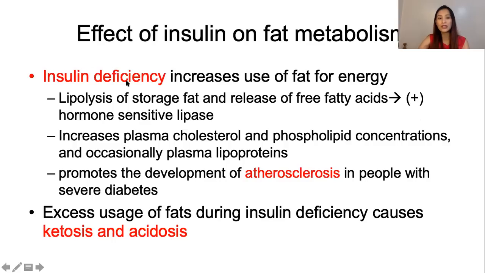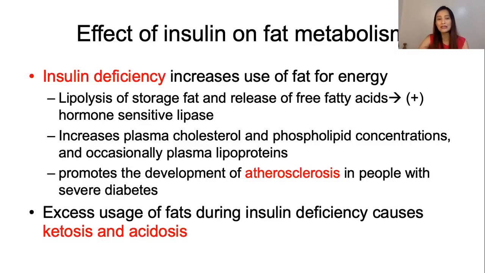When there's also insulin deficiency, there are increases in plasma cholesterol and phospholipid concentrations, and occasionally plasma lipoproteins. And insulin deficiency also promotes the development of atherosclerosis in people with severe diabetes. So atherosclerosis increases the risk of stroke and MI, or heart attack, by about 4 times in people with diabetes.